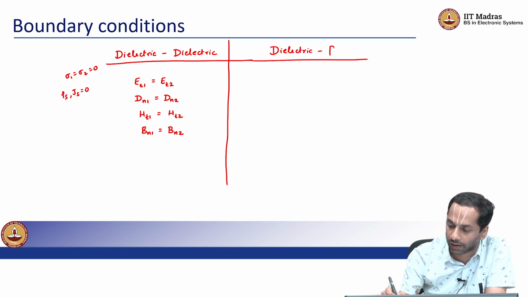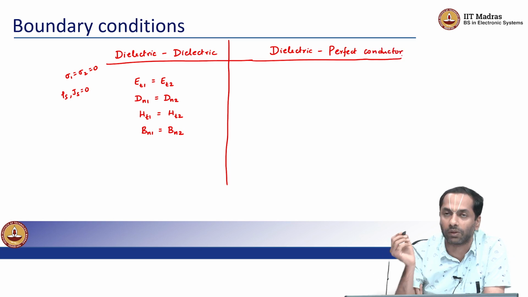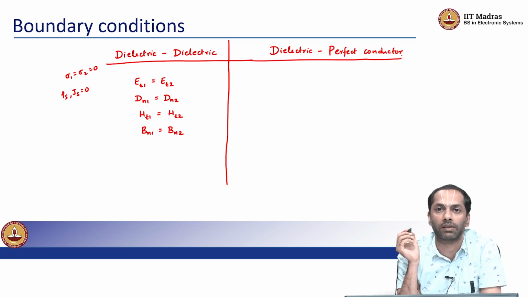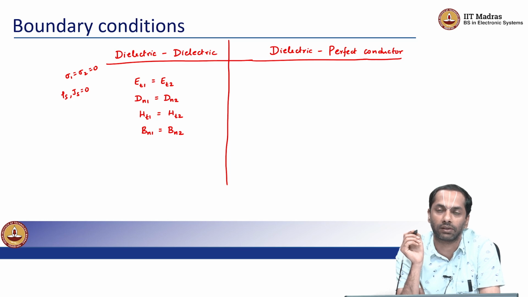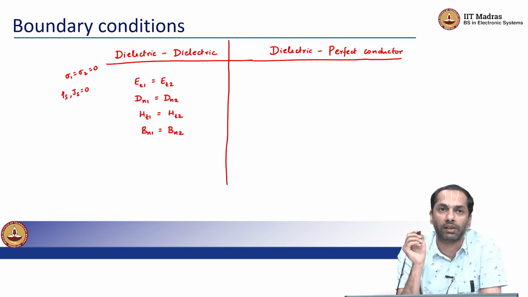So, in the case of a dielectric and a perfect conductor, what you were taught in high school about perfect conductors is there can be no fields, electric or magnetic fields, inside a perfect conductor. So, which means that all the corresponding field values in medium 2, assuming medium 2 is the perfect conductor, will all be 0.